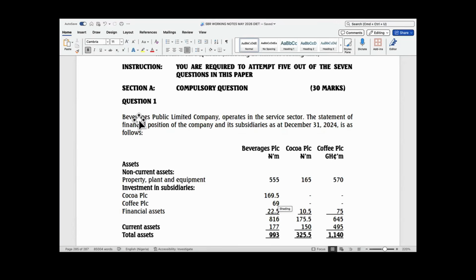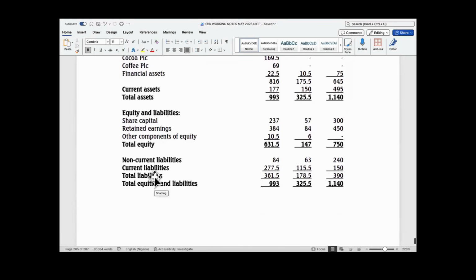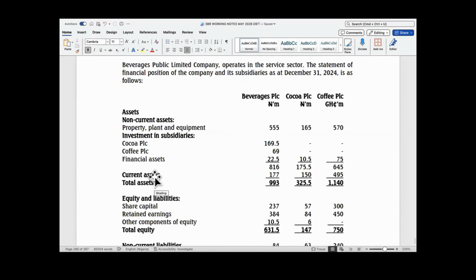Now, Coffee PLC, the reporting currency is different from that of the other entities. Then that means that Coffee PLC would be the foreign subsidiary. So I was given the statement of financial position of these three entities. You can just scan through it.